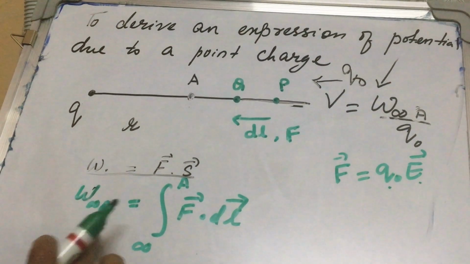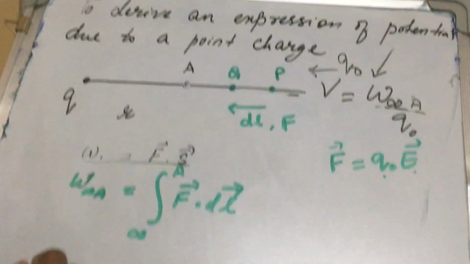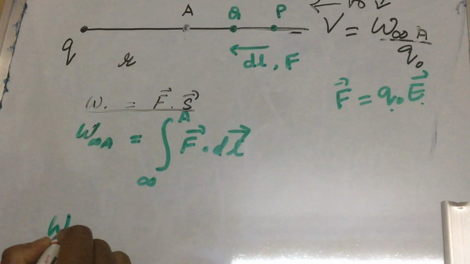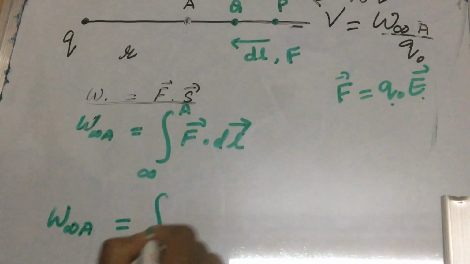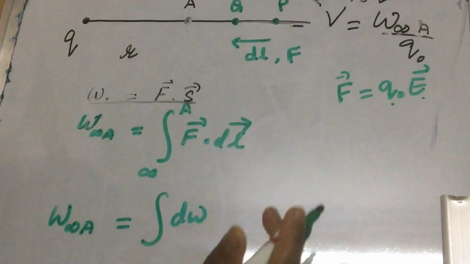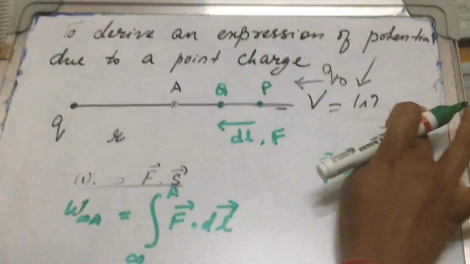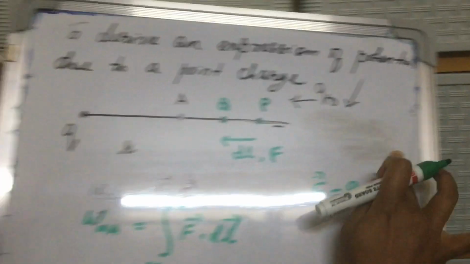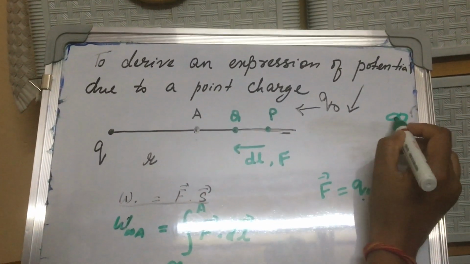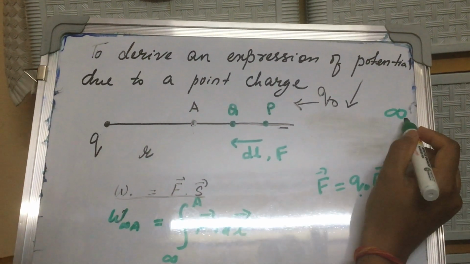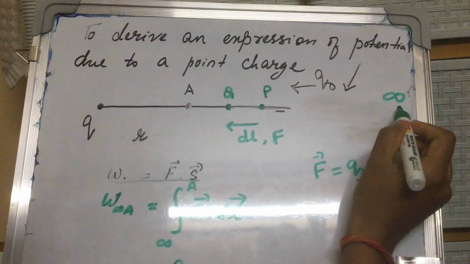Now this same definition, there are small things, students, you need to know about this, is equal to the integration of dW. While coming from infinity, we are assuming that Q0 is brought from infinity to this point.